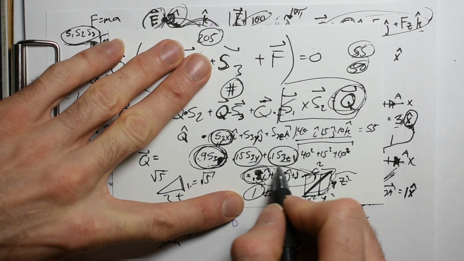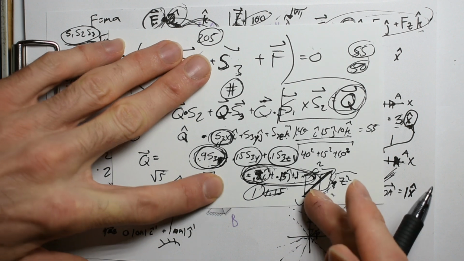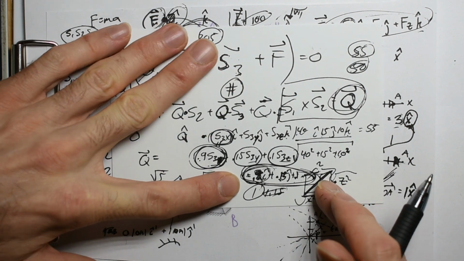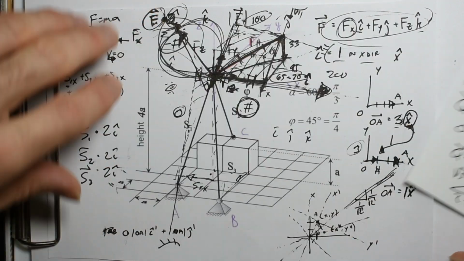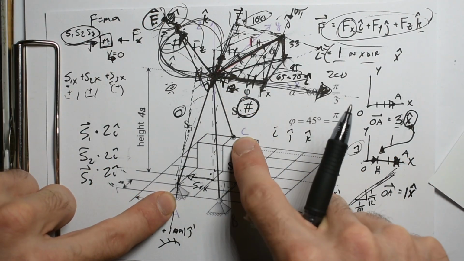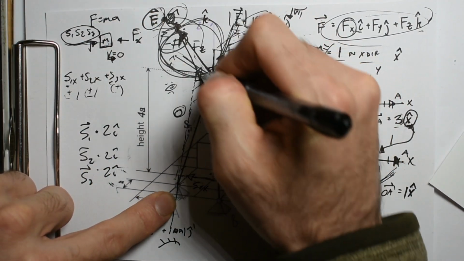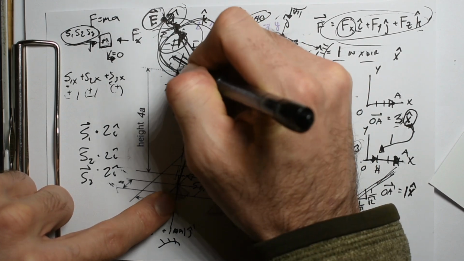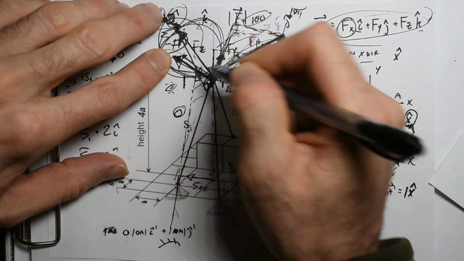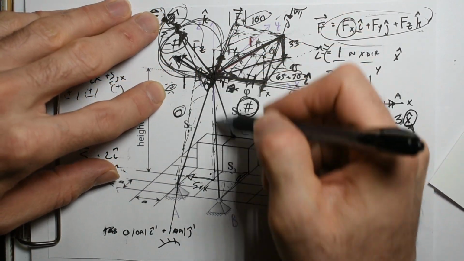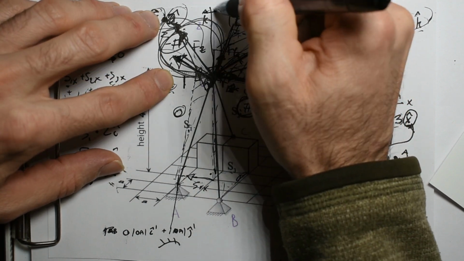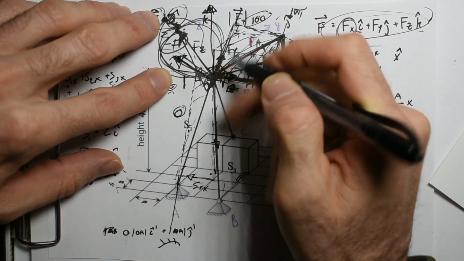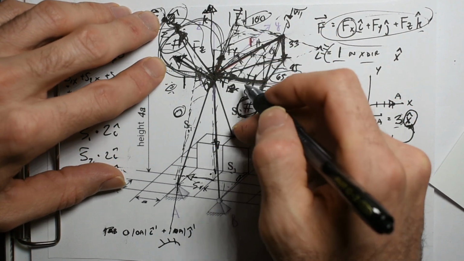Q is just a unit vector. And what was Q? Q was after we crossed S1 and S2. So visually we can do this. Here's S1, here's S2. We're going to get a vector perpendicular to that. And it's going to be in that direction. Let's say it has a unit vector of 1. And now we can see S3. This has to be directly in line with S3 to be 100% effective.